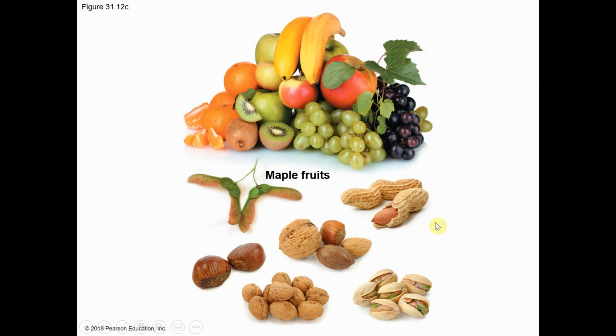Down here we have fruit that travels by wind. The maple fruits here, like the silver leaf maple, have seeds that are winged, so it allows for air dispersal. Whereas the dry fruits down here all have an ovary wall protecting the seeds that's dried out and has lost water. And so those are going to disperse through travel, usually through animals.